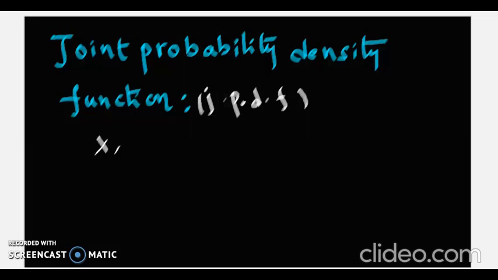We call (X, Y) bivariate continuous random variables or two-dimensional continuous random variables, assuming all values in the region R of the xy plane.